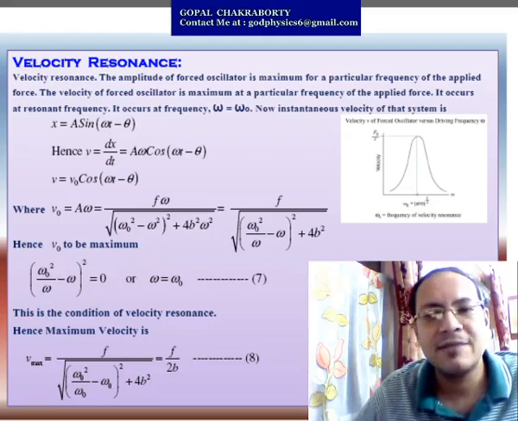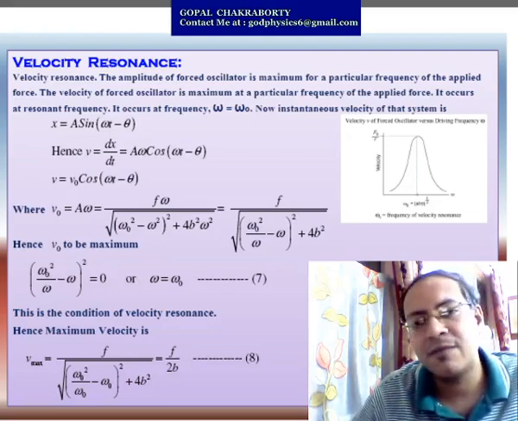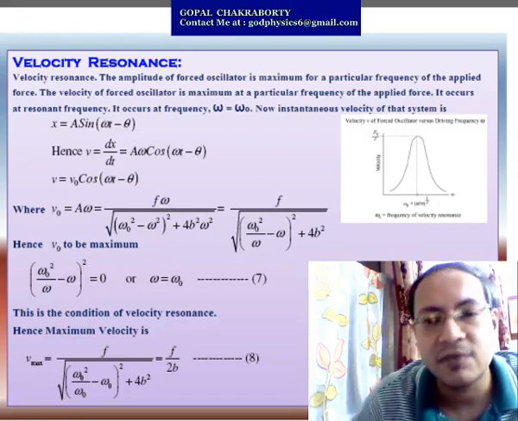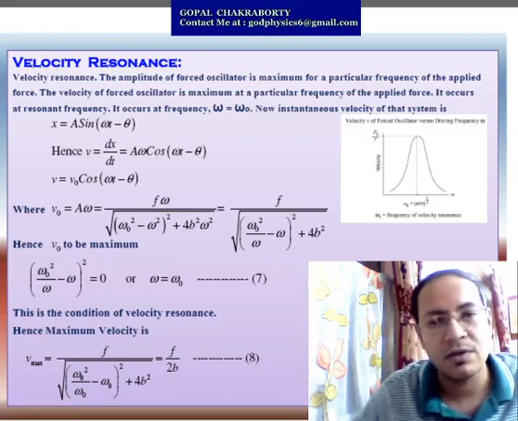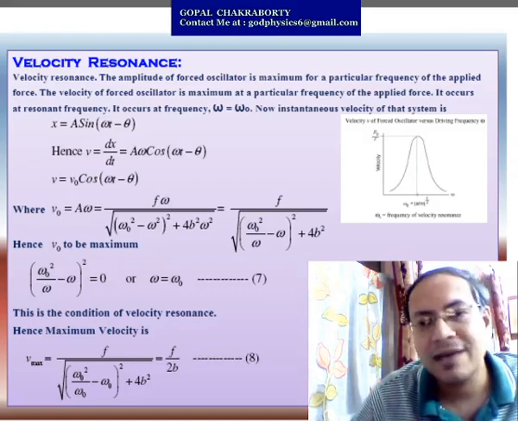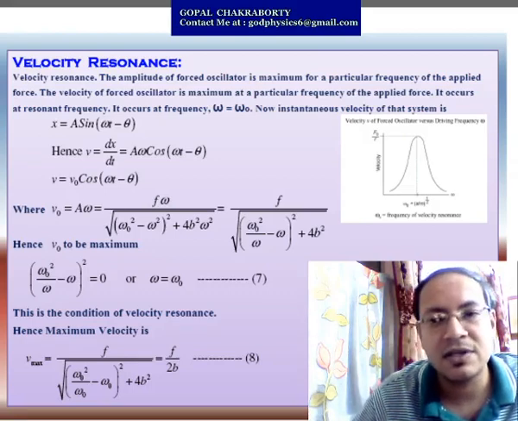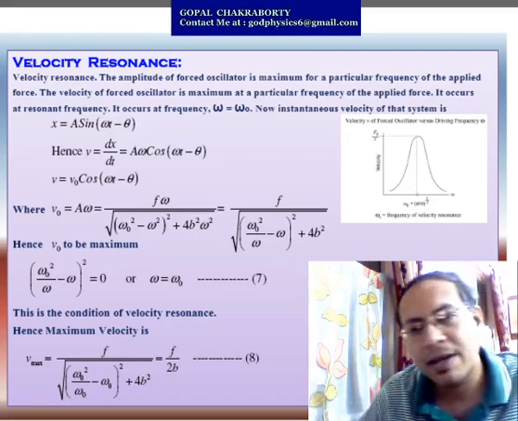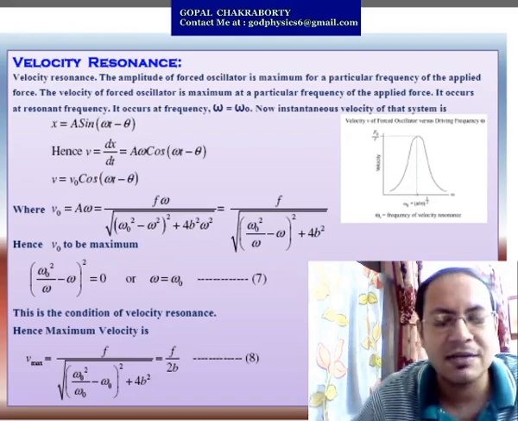So for v0 to be maximum, you can write the lower part of that expression equals 0. So to satisfy this, omega naught square by omega minus omega, whole square, equals 0.